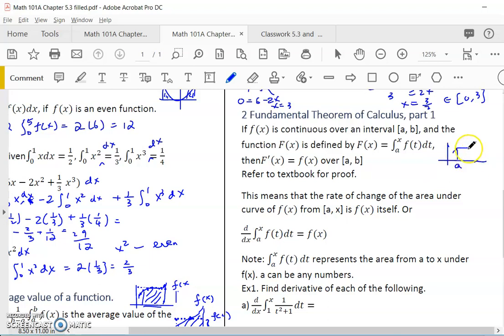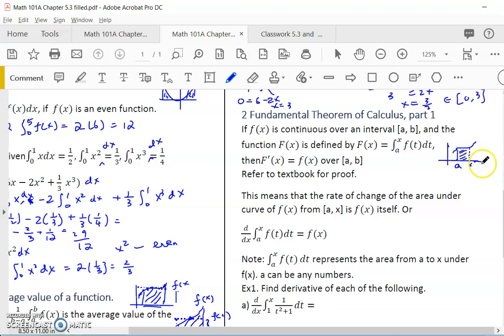If you plug in x equal to 5, then you go from a to 5. You plug in x equal to 2, then it will be from a to 2. That means it depends on what your x is, and this would be your area. Does that make sense? Because whenever we write an integral, it is an area. So this is x. If x moves back to a lower number, you would have a smaller area.